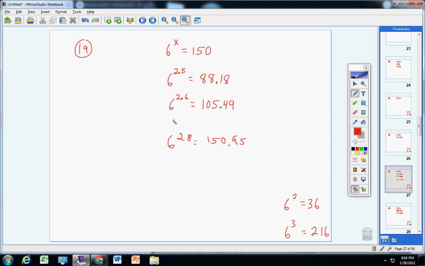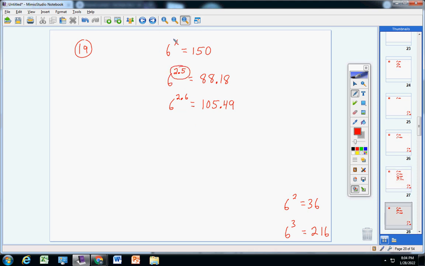So I'm assuming our answer is going to be 2.7. Let's see real quick here. Yep, you get 126. So 2.8 is too big, so your answer is 2.7. Okay, I apologize for that mistake.